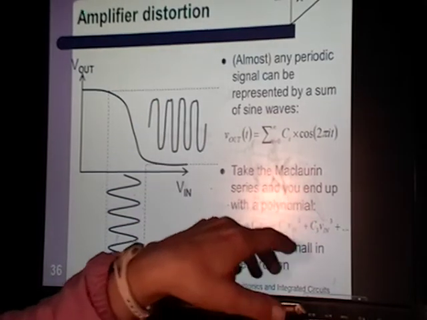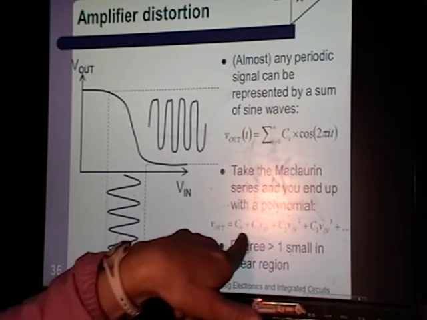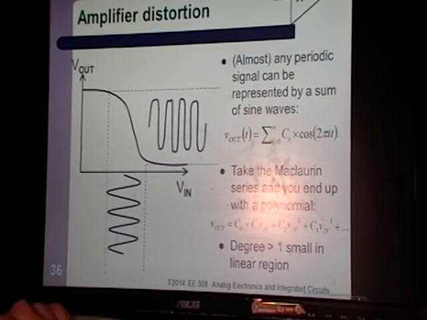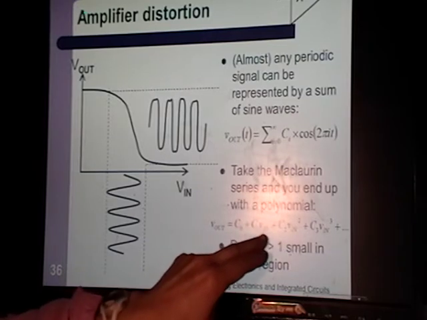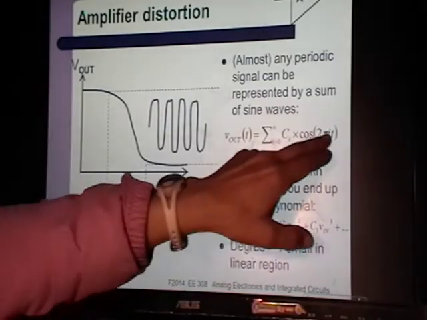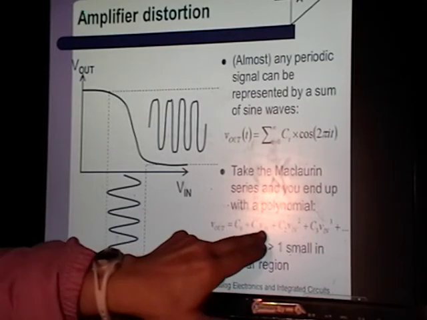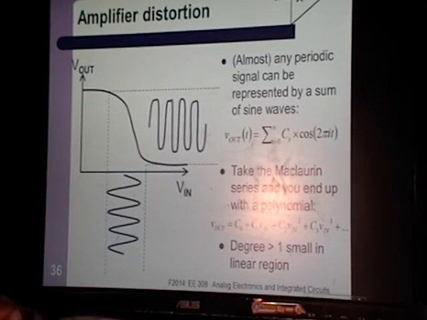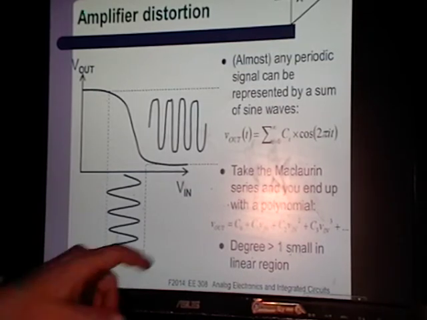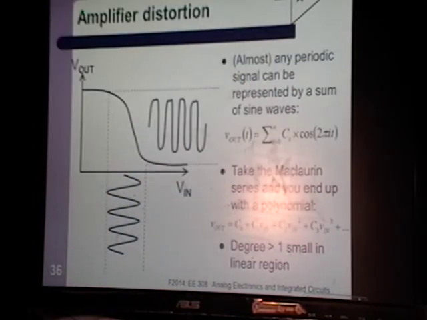Okay, so now if you take the Maclaurin series, which is a Taylor expansion around 0, whatever it is, you get a polynomial. You've got your constant term, and then you have your terms, and since you're doing it around 0, you get this polynomial. All right, so if this is a complicated wave, you get exponential terms out to infinity.